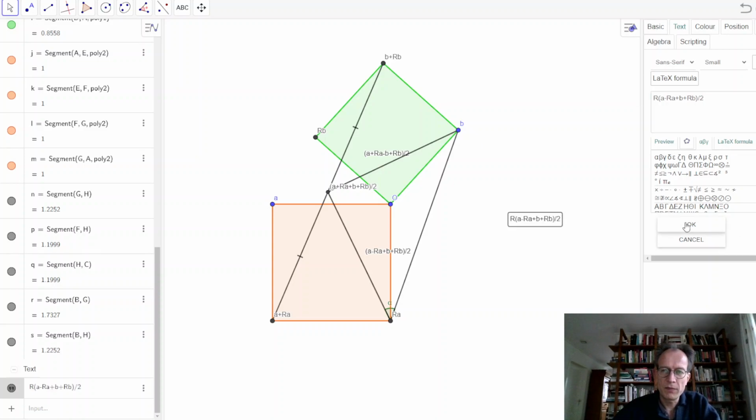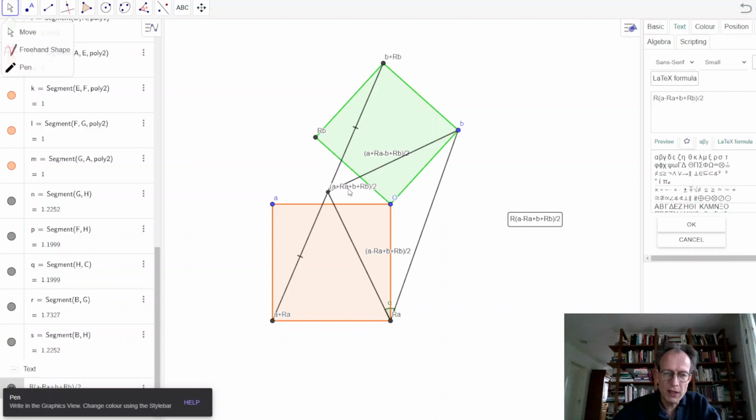So note that this vector, I apply the rotation on that.